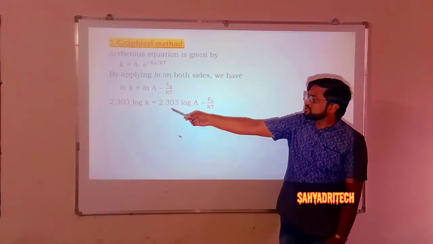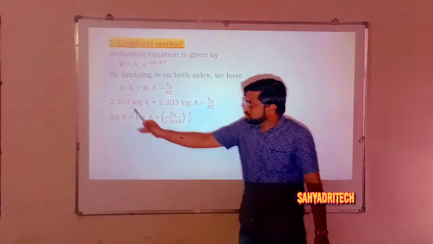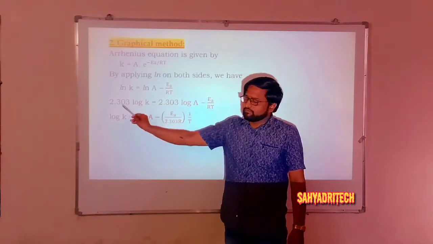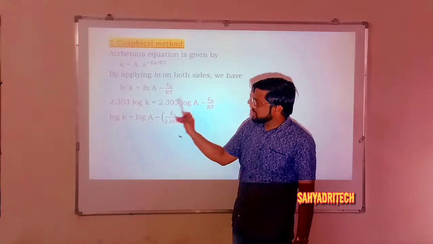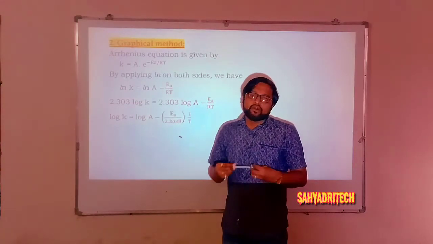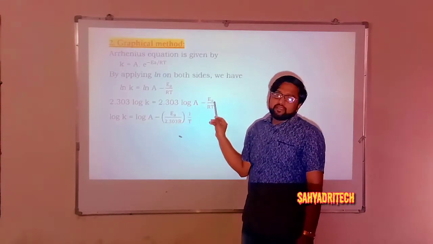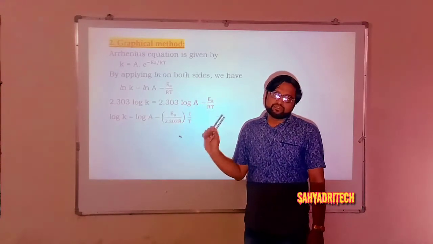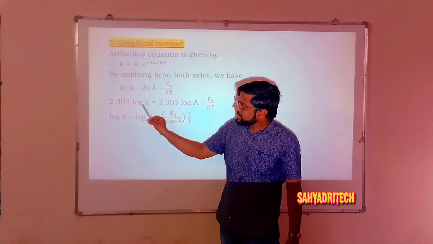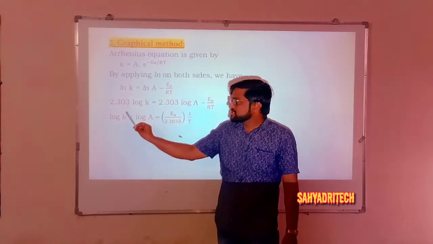Now, what is common here? 2.303, right? 2.303 is in the first term. In the second term also there is a 2.303. Now, what we are doing, all these terms are divided by 2.303. So the first term, if it is divided by 2.303, what is left?